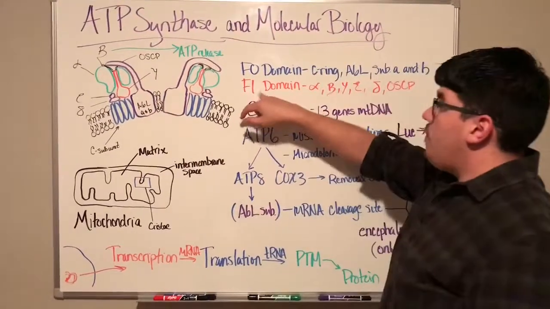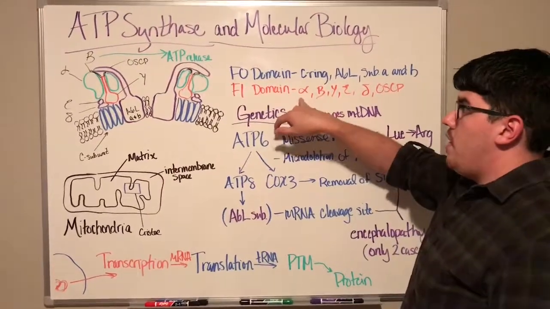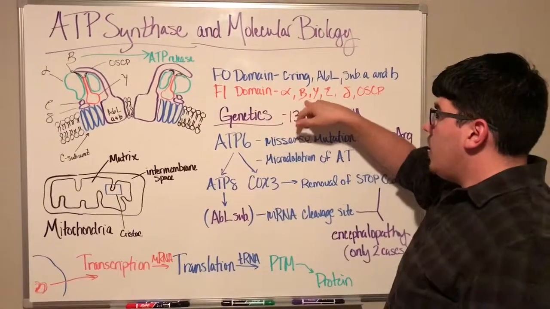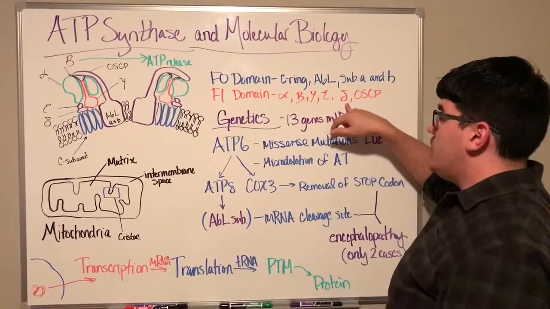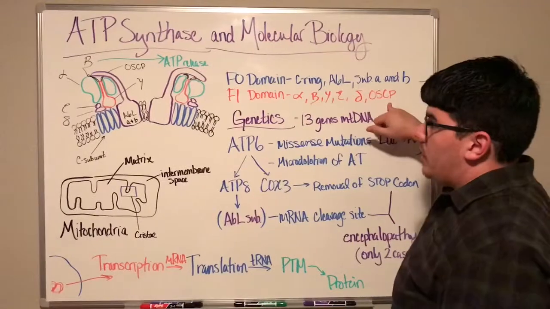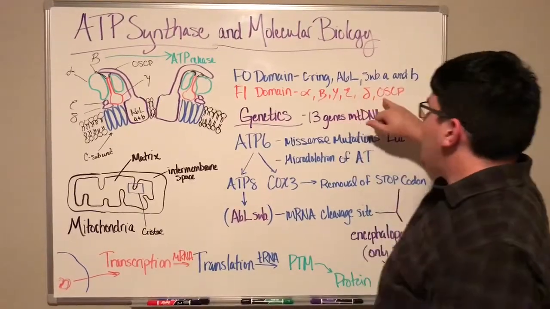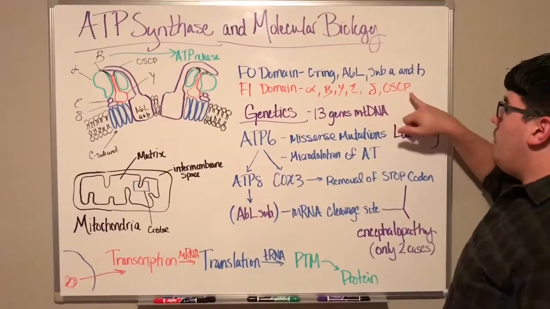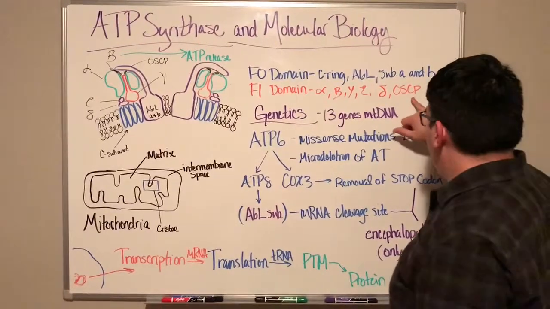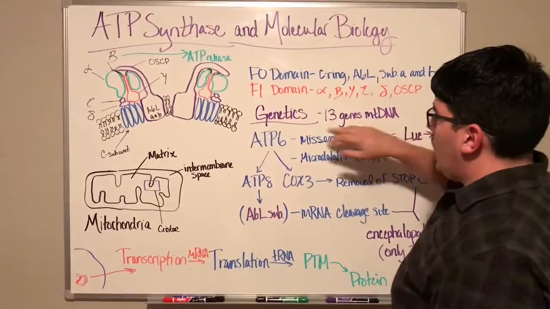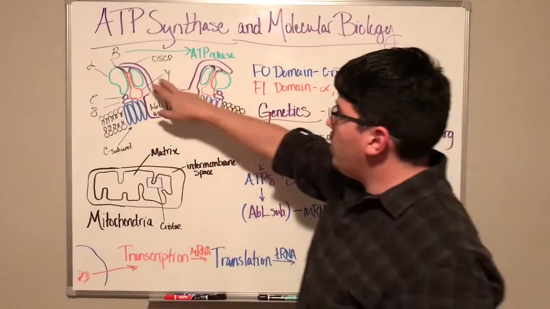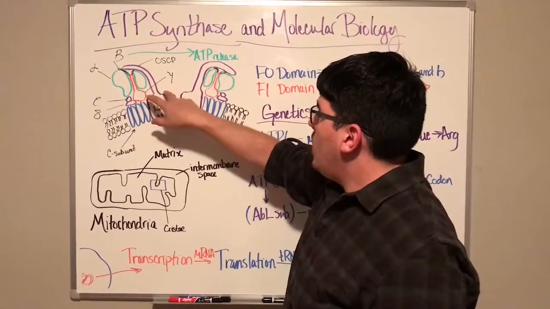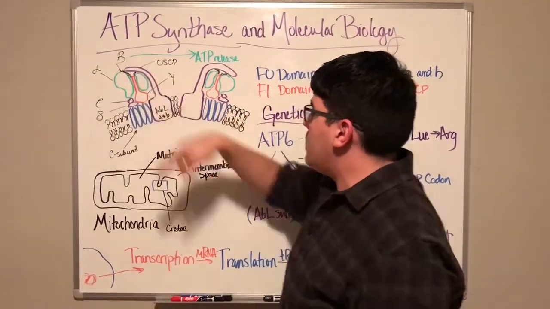And then the F1 domain consists of the alpha, beta, gamma, epsilon, and the delta, and the OSCP, which is the oligomycin-sensitivity conferral protein. And that's an important part of the peripheral stalk and movement of the ATP.